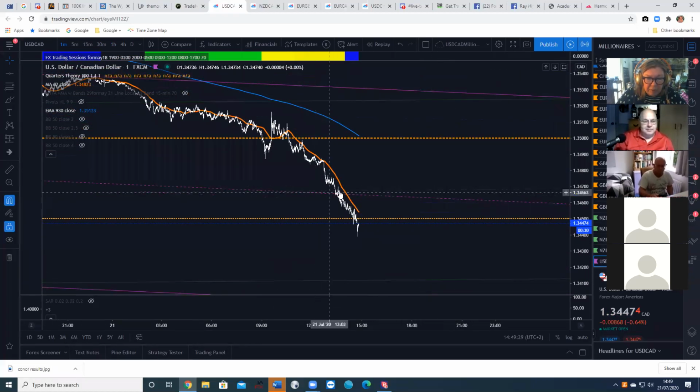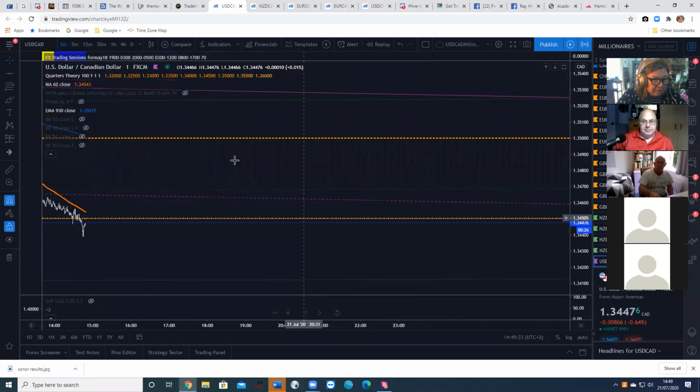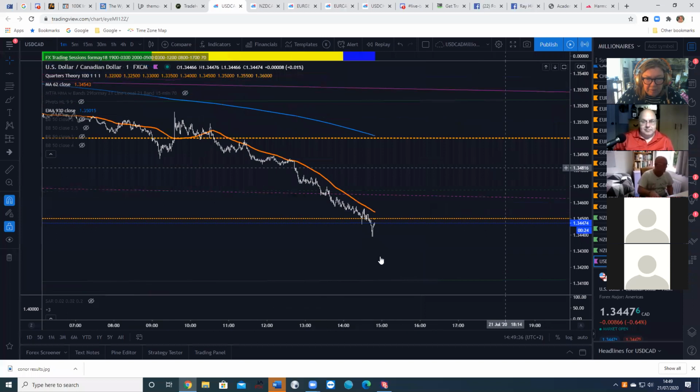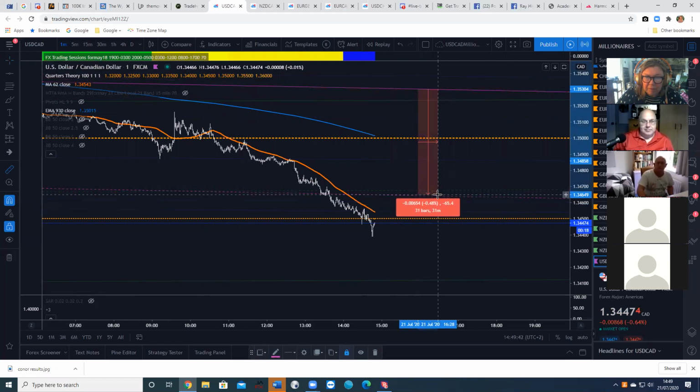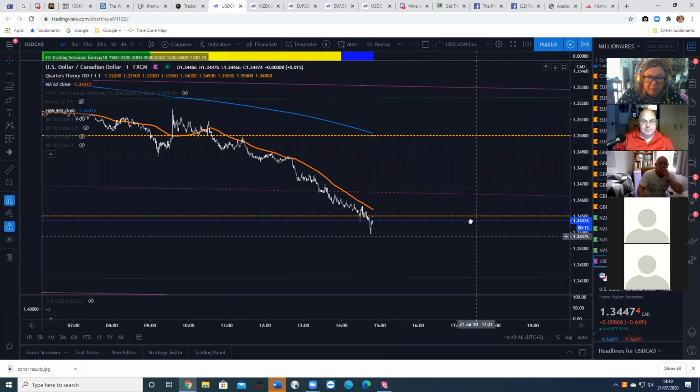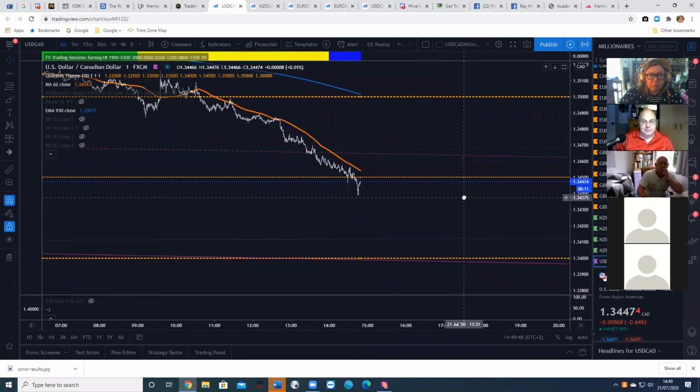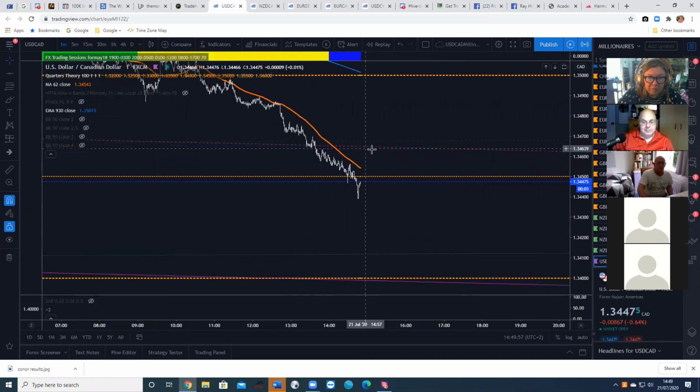So at the moment we haven't really got a break and a retest. It was a big scan, this one. It was over our criteria. So yes, it was 65 pips. So it's over our criteria. We can take a quarter theory trade. So we've got sell underneath the 62. We haven't got a pitchfork touch here. There's two pitchforks sat there.